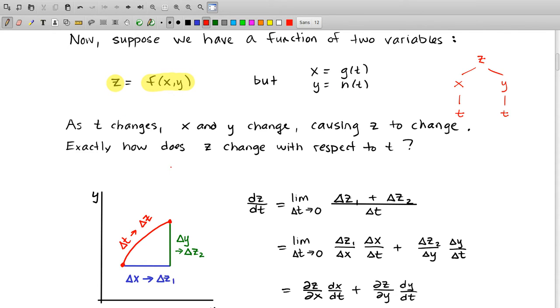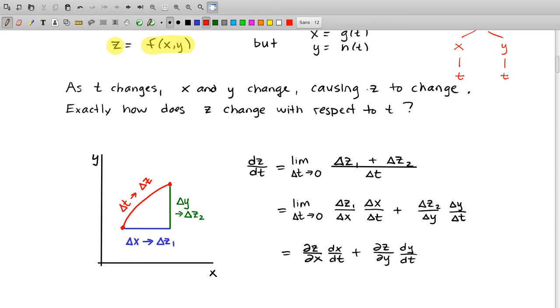So how do we interpret the rate of change of z with respect to the ultimate underlying variable t? The easiest way to see this is to draw a picture, as is often the case. Suppose we have some starting point at time t, if you want to think of t as time, which is often helpful.